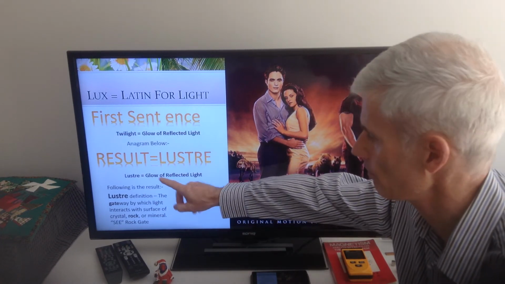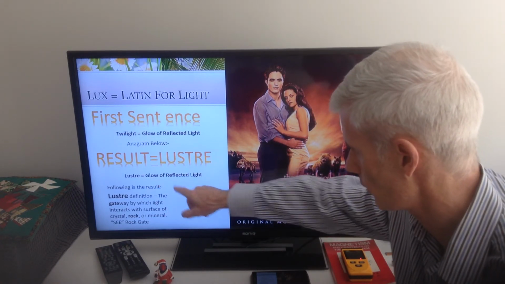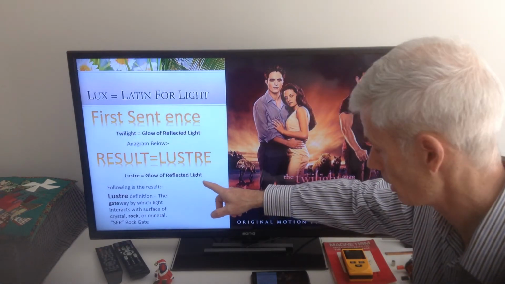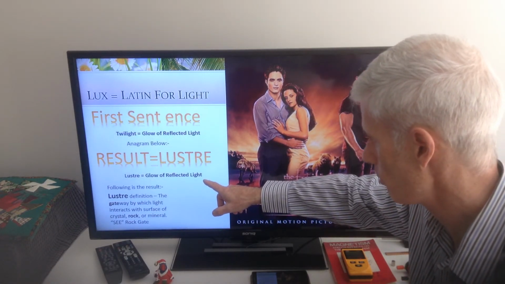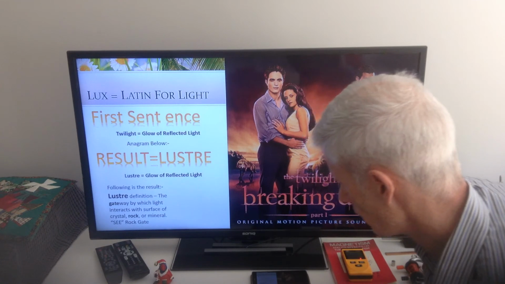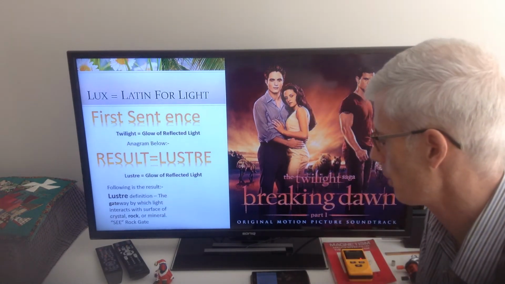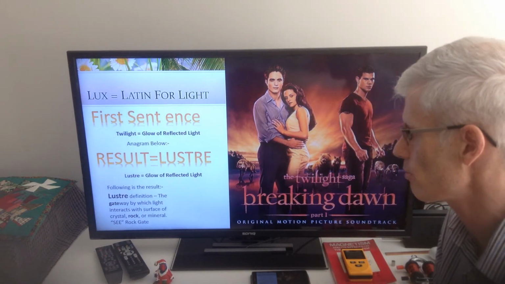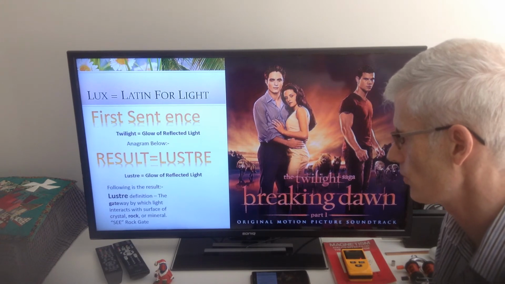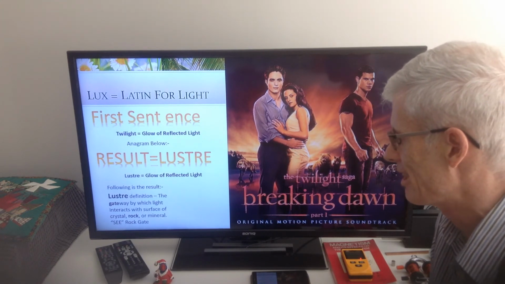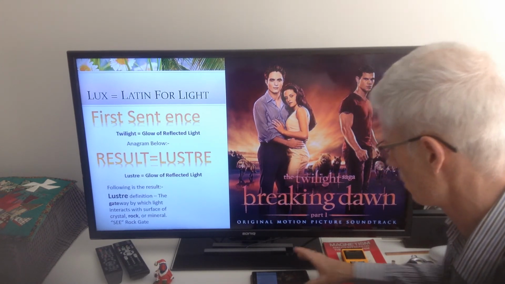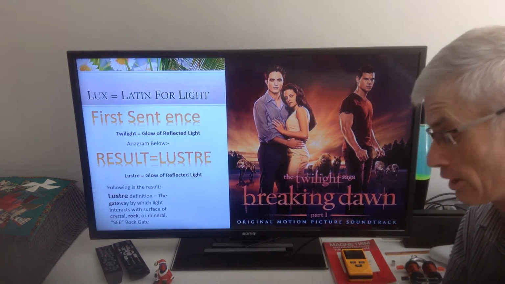Look up luster in the dictionary and you'll find it's the glow of reflected light of surface objects. My PowerPoint says luster's definition is the gateway by which light interacts with the surface of a crystal, rock or mineral. See Rock Gate.